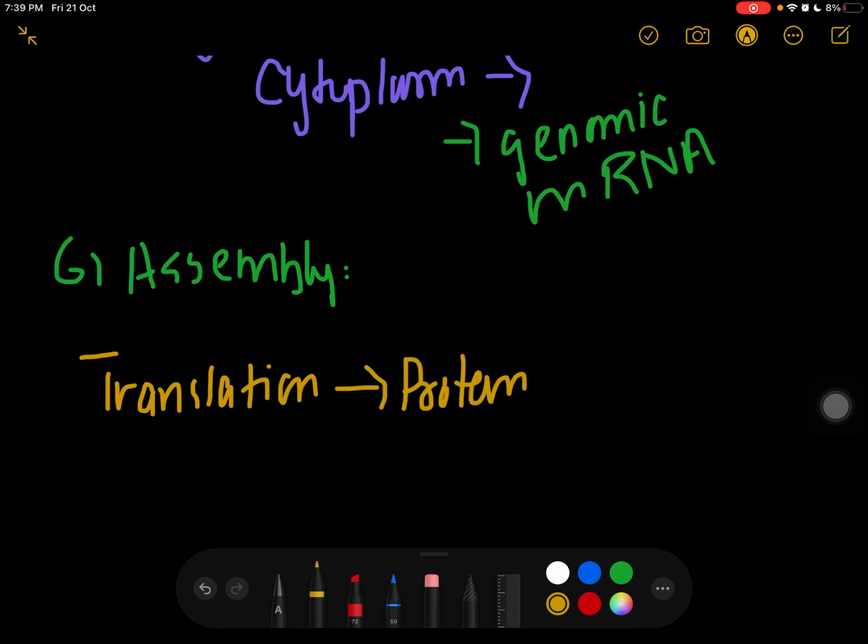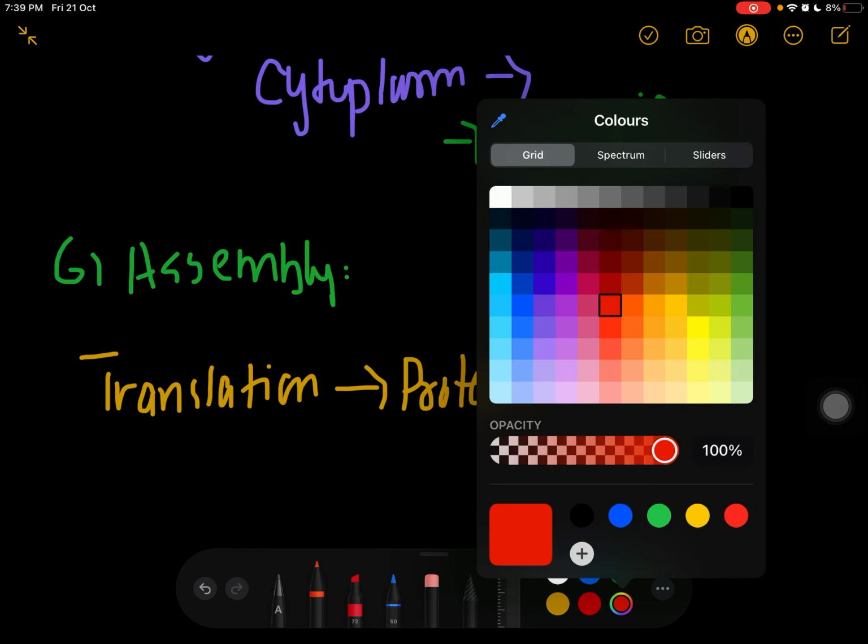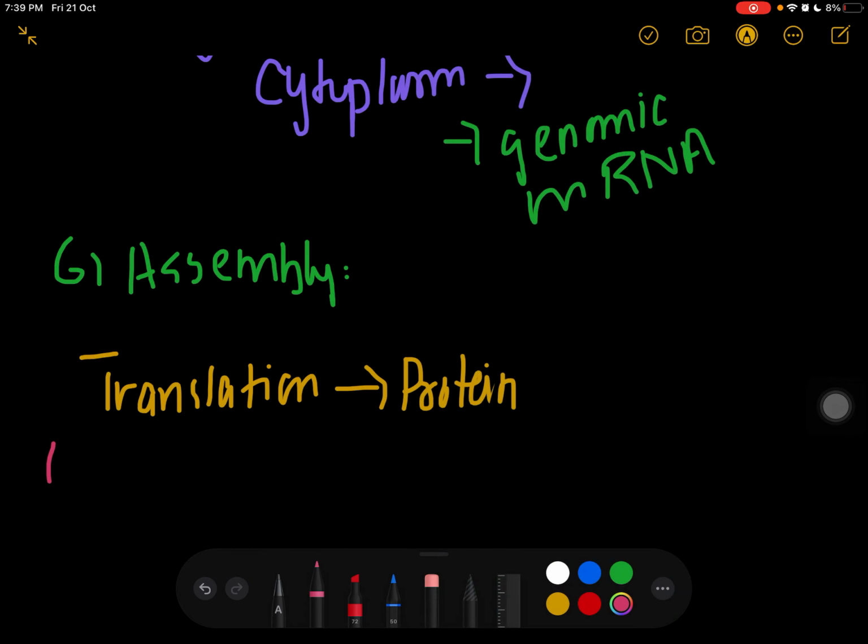There are larger subunits of protein that have been formed, right? What is translation? You will be wondering this. Let me tell you. Translation is the conversion of mRNA into protein, which is known as translation.